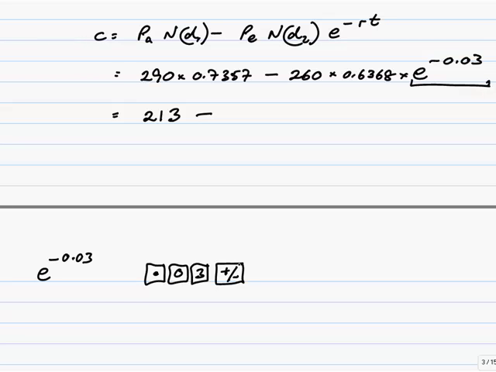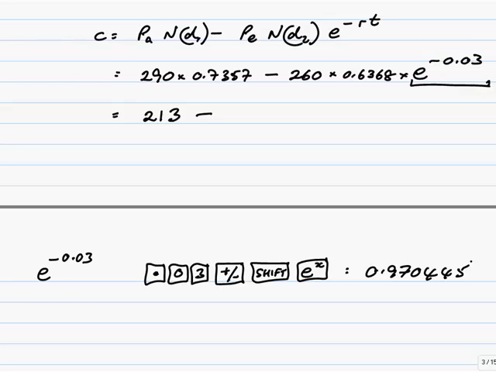I then want to press the button that says e to the power x. Now with mine, it's above the ln button, so in fact I have to press a button saying shift, and then, because it's in yellow, e to the x. So shift, e to the x, and what shows on the screen now is 0.970445533 and so on.